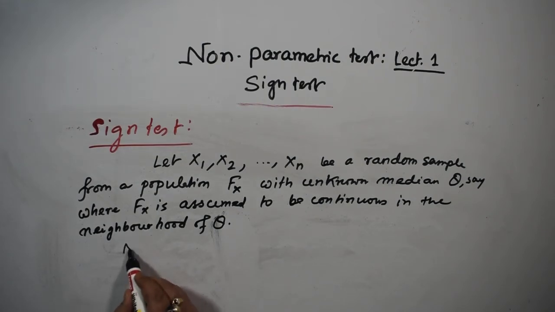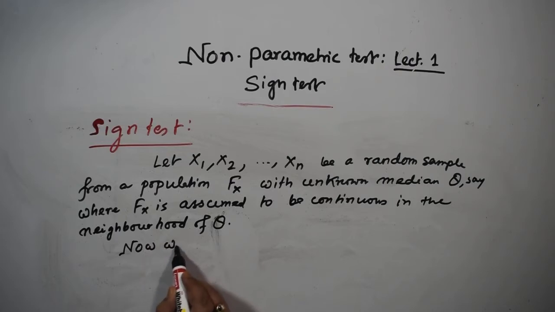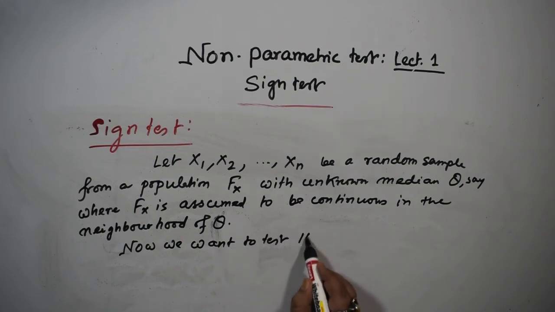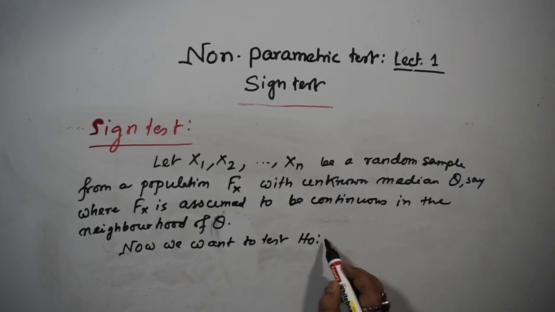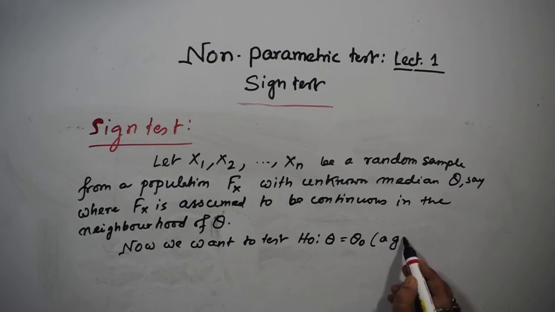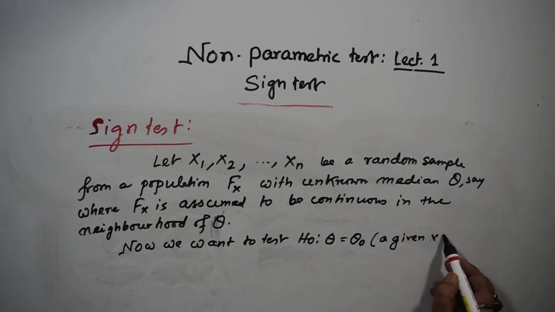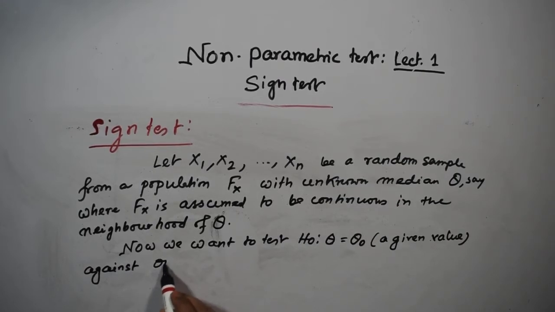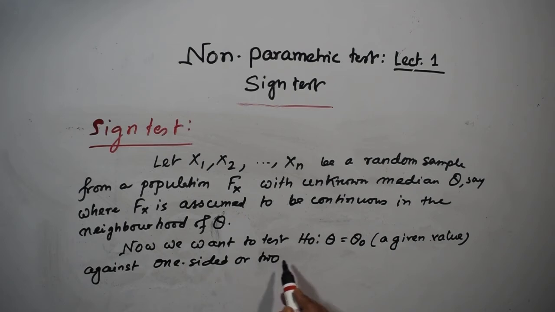Now we want to test H naught, that is null hypothesis, theta equal to theta naught, this is a given value or hypothesized value, against one-sided or two-sided alternatives.